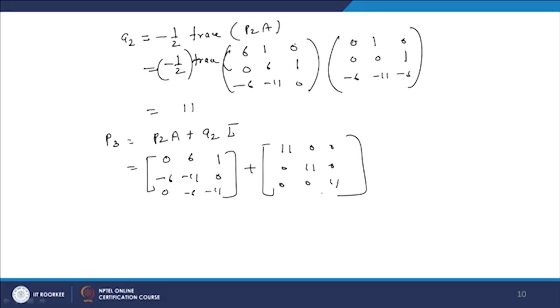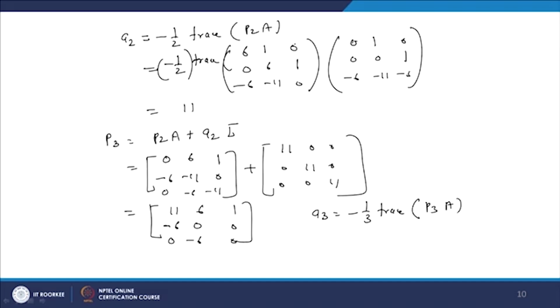After addition of these two matrices we get [11 6 1; minus 6 0 0; 0 minus 6 0]. We can write A3 equals minus 1 by 3 trace of P3 into A, and that gives you 6.